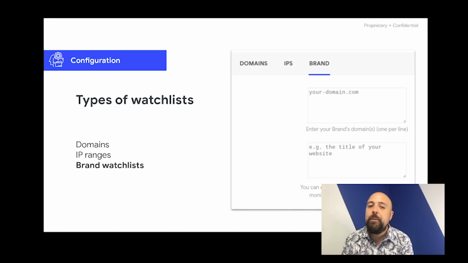Firstly, we use the list of domains to extract relevant favicons and to create an allow list that will prevent a brand notification from being created if it's already coming from your brand domains. We do this because what we want to uncover with brand watchlists are other people's network infrastructure that's copying your brand.